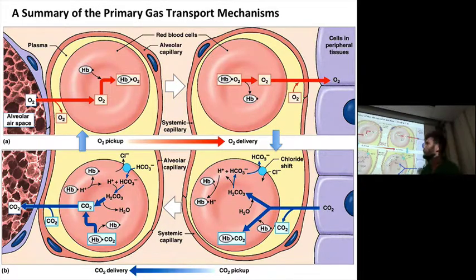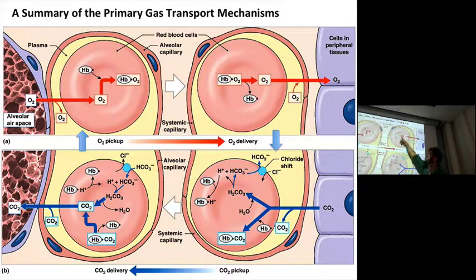So this is a summary of gas transport. We have the alveolar airspace. Oxygen diffuses across the alveolar membrane, is picked up by the red blood cell and binds to hemoglobin. Transported by the cardiovascular system, where now we have a different partial pressure of oxygen, and we're down at anywhere from 40 to 20 torr, rather than 100 over here in terms of the oxygen.